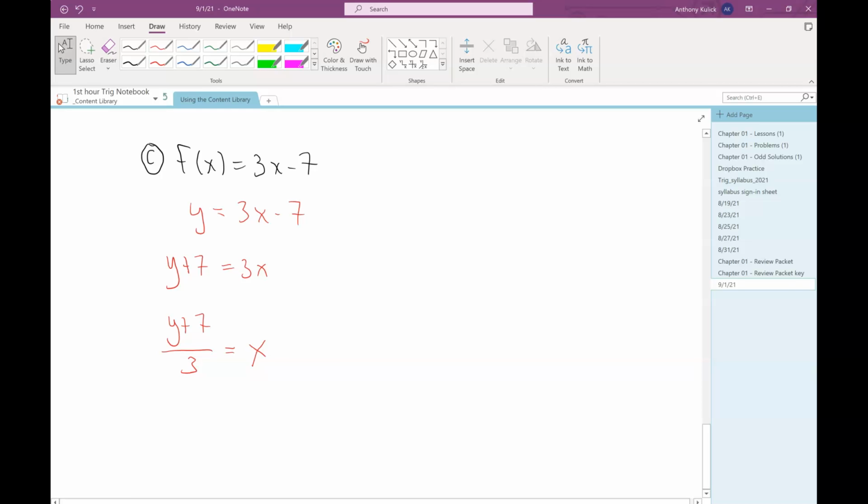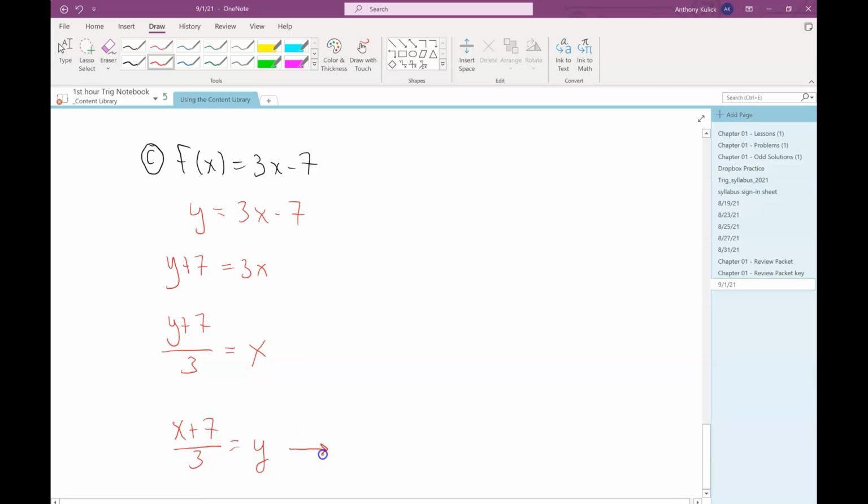After you've isolated the x, we're going to swap the variable names. So everywhere there's a y, I'm going to write an x, and everywhere there's an x, I'm going to write a y. This is like when we transposed the coordinates. It's basically doing the same thing.